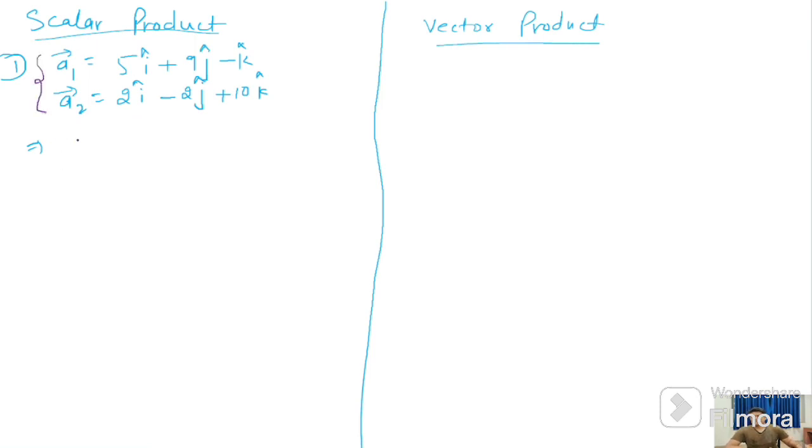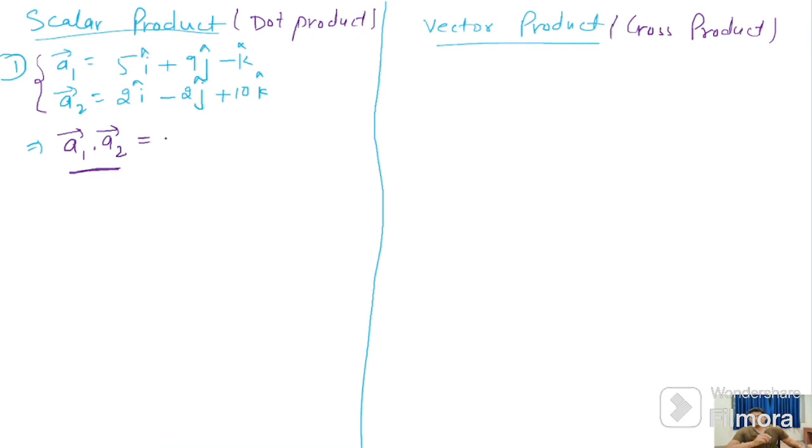The scalar product, which we can also write as the dot product, is a1 dot a2.